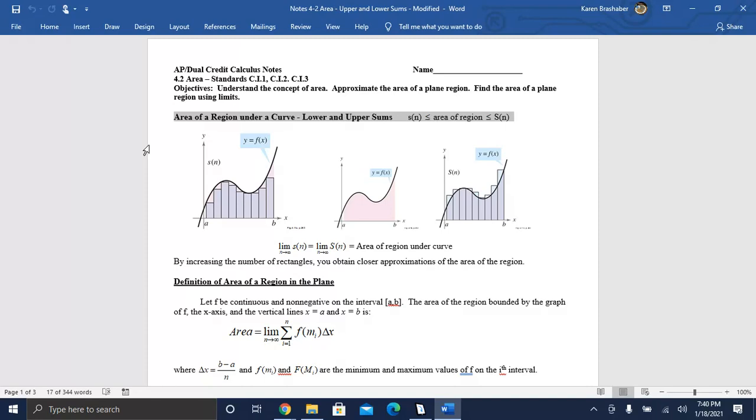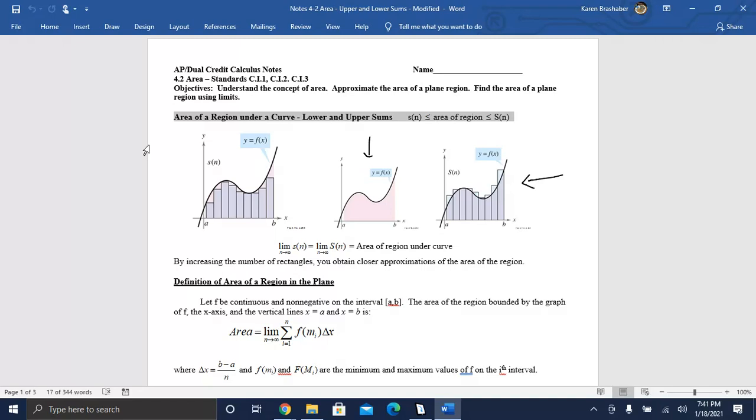The actual area is pictured in the middle, and then the overestimate is found by rectangles where the height of the rectangle is above the curve, and in those cases, again, it gives a close estimate, but not exact.